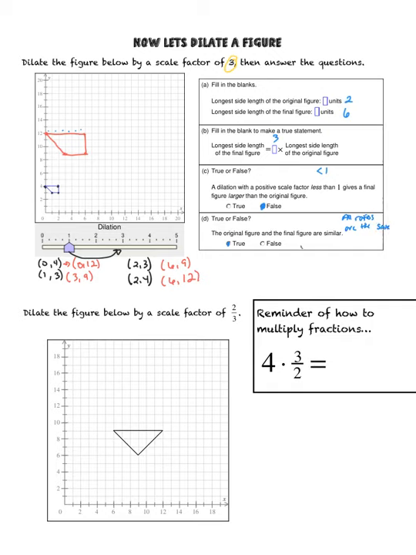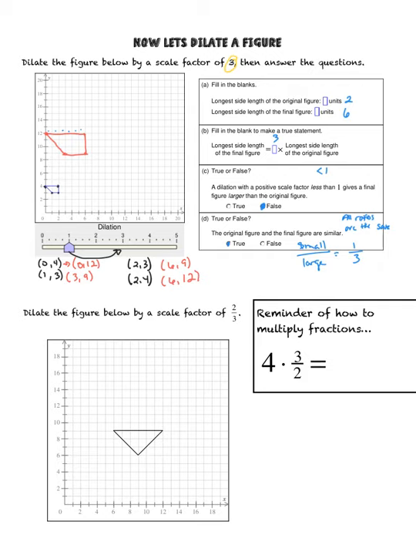The small one to the large one is 1 to 3, or you could do large to small, which is 3 to 1. Everything is expanded the same amount. So yes, they are similar.